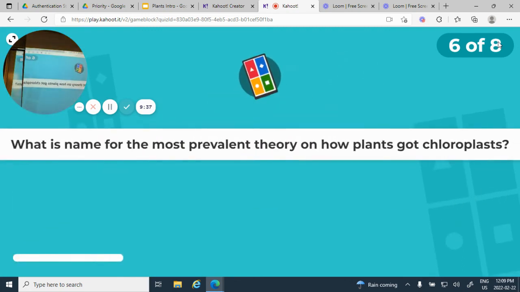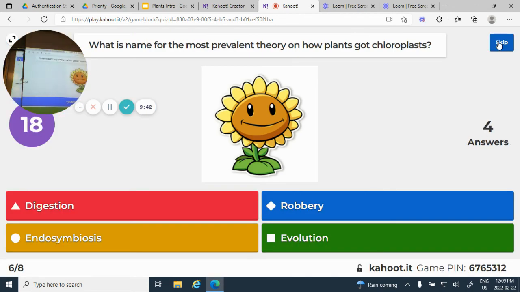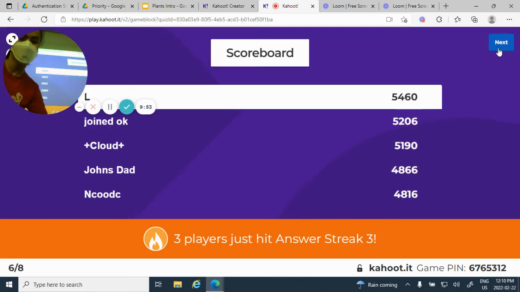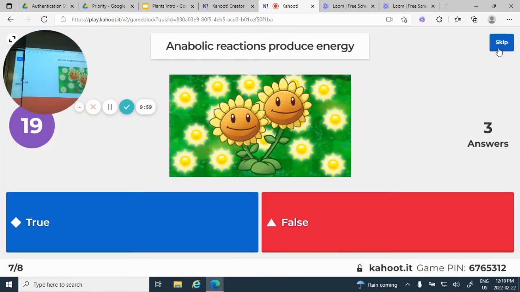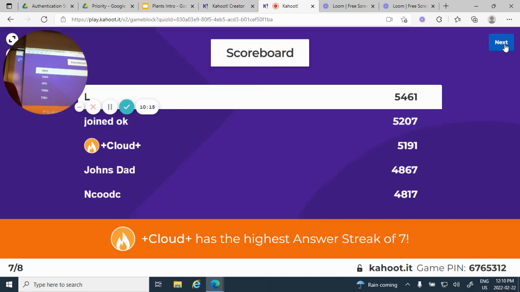What is the name for the most prevalent theory on how plants got chloroplasts? All right. Anabolic reactions do take in energy, they don't produce energy.